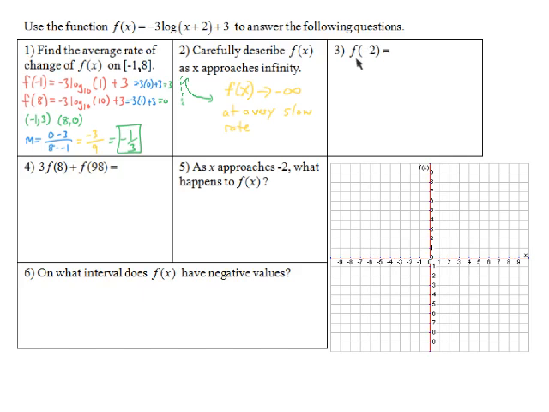All right, next. How do I find f of -2? Well, I simply plug in -2. So f of -2 is -3 log base 10, I'm putting a 10 there to help myself out, of -2 plus 2, plus 3. When I do that, I get -3 log base 10 of 0, plus 3.